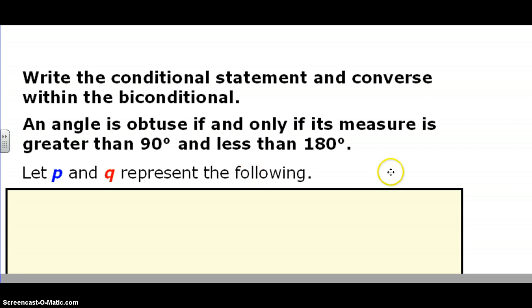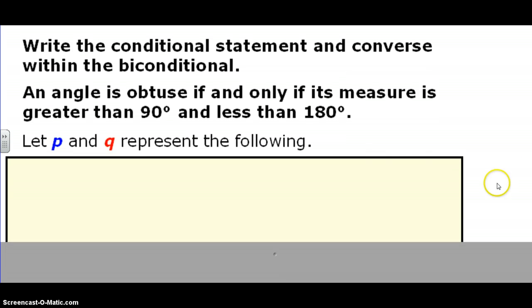Very good. So let's write the conditional statement and the converse for this and create a biconditional. An angle is obtuse. Oh no, this is a given biconditional, isn't it? An angle is obtuse if and only if its measure is greater than 90 degrees and less than 180 degrees.